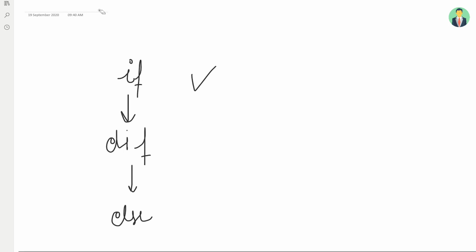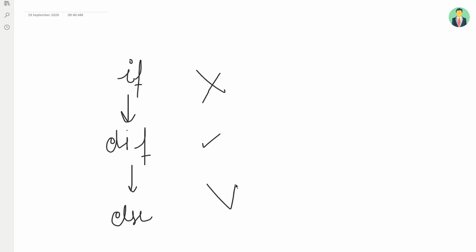If the if condition returns false, then the elif is checked, and if that also returns false, then the else code is just run. In case if is true, these are simply ignored. In case if is false and elif is true, then else is simply ignored.